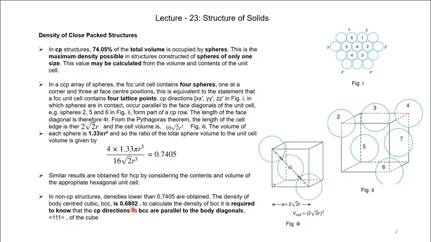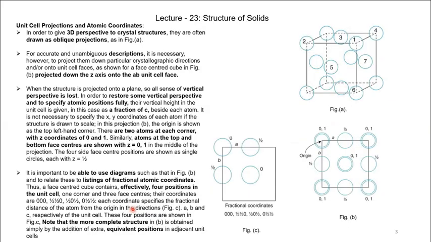Now we go to the next topic: how we assign atomic coordinates, which is also a very important factor for describing structures. In whatever books you find, a unit cell is drawn as an oblique projection, like this.